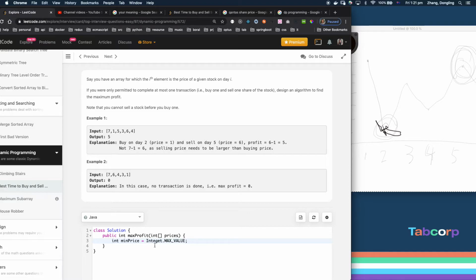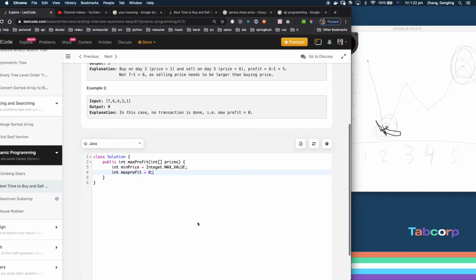Since it starts at max value, it will definitely be replaced at least once. Because you have a buy, the initial max profit is 0. Once you start the loop, you are going to update these two things.